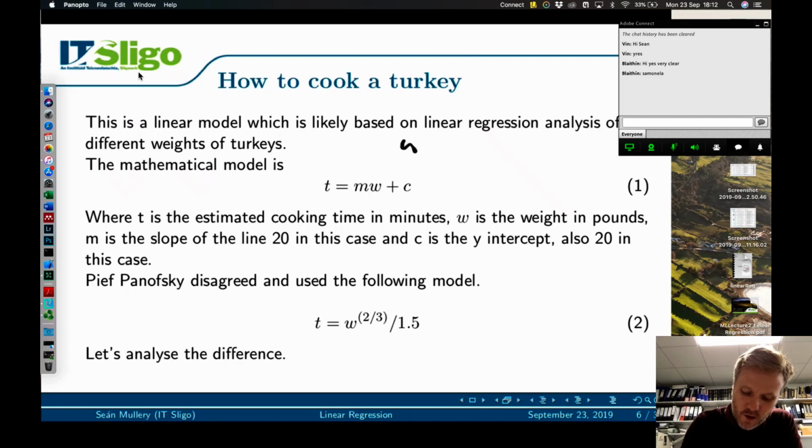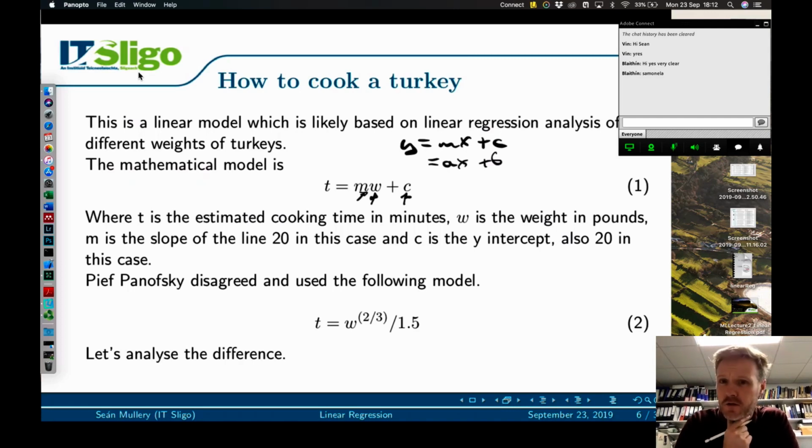This is the same as saying y equals mx plus c, which is what some of you might remember as your one for a straight line. The other one is ax plus b, another popular one that maths teachers use. I've put mw here because of the weight. The w is the weight, and c being the intersection where we cross. And I'm going to change those later when it comes to doing more general ones.